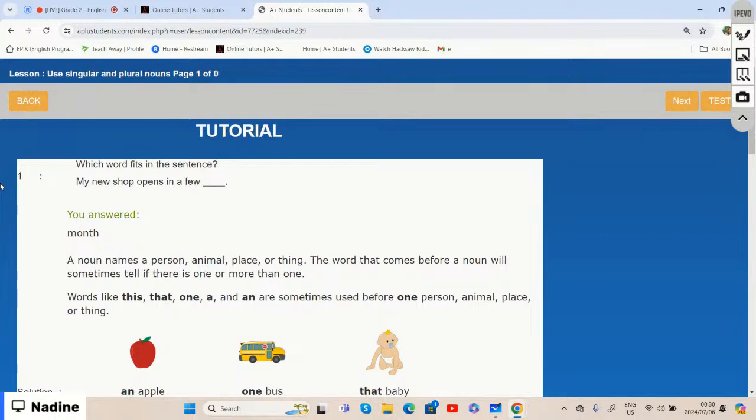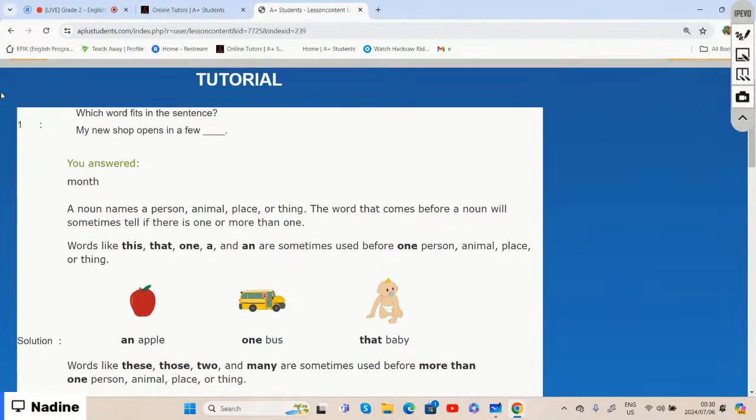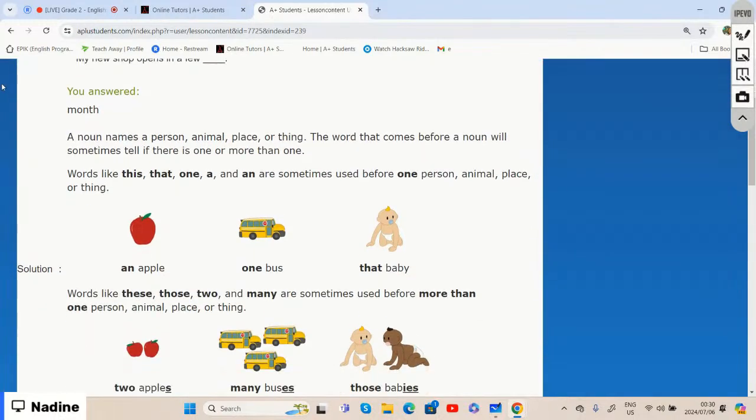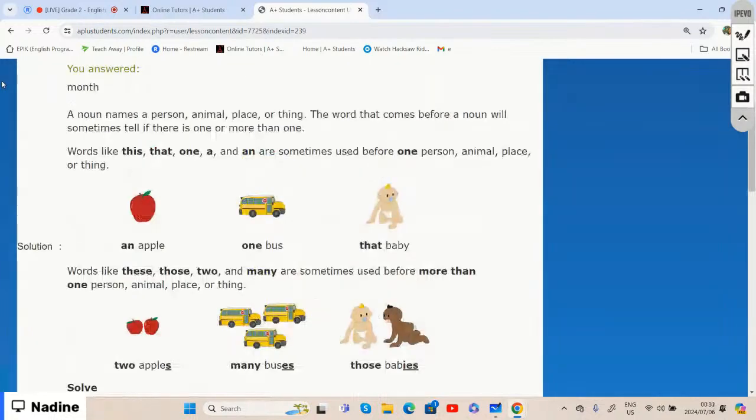The word that comes before a noun will sometimes tell you if there is either one of something or more than one of something.